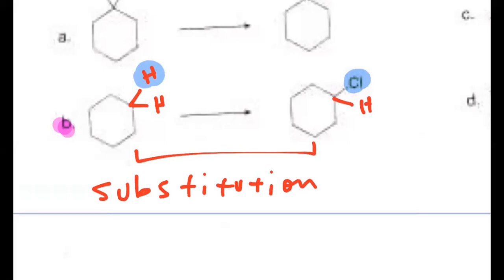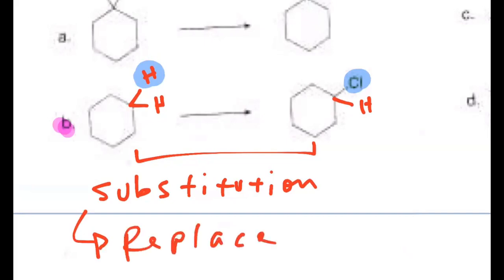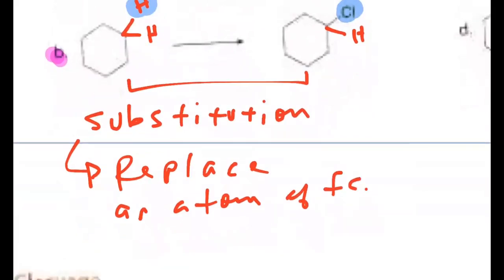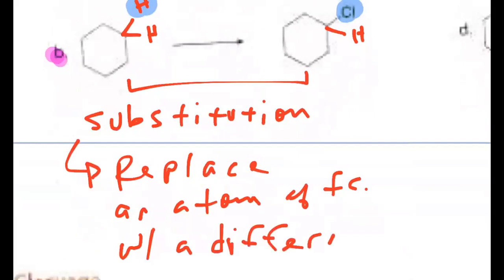All right, so this is an example of a substitution, and in a substitution, it's basically exactly what it says. You replace an atom or a functional group with a different atom. That's a very watered down definition.